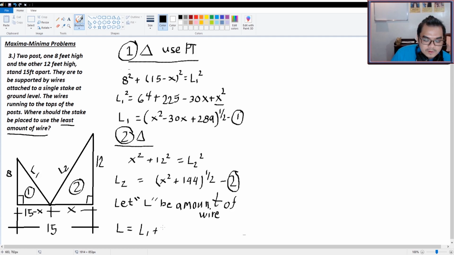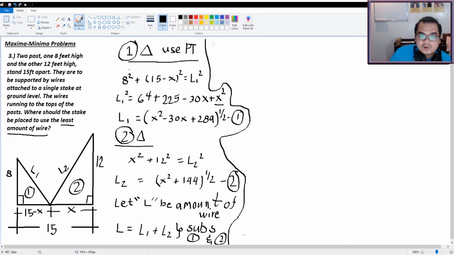From here, we have to substitute equation 1 and equation 2. This is quite long, I think, so I'll just make a divider.